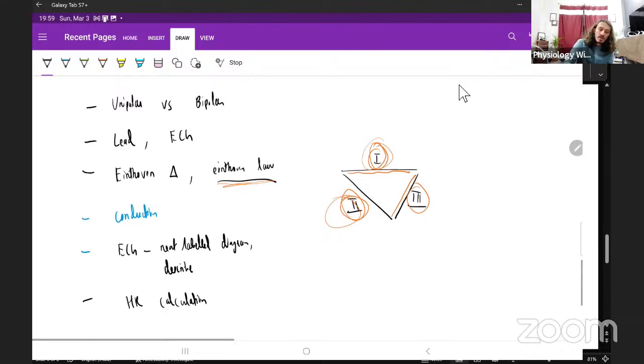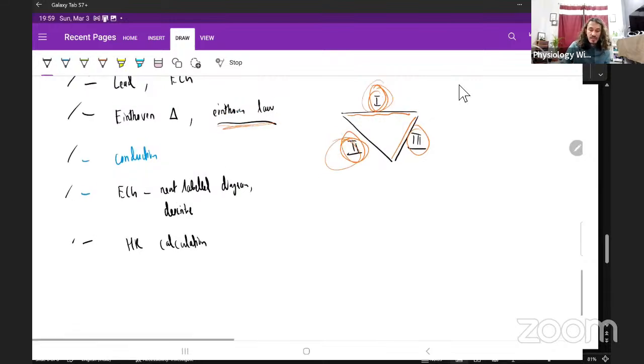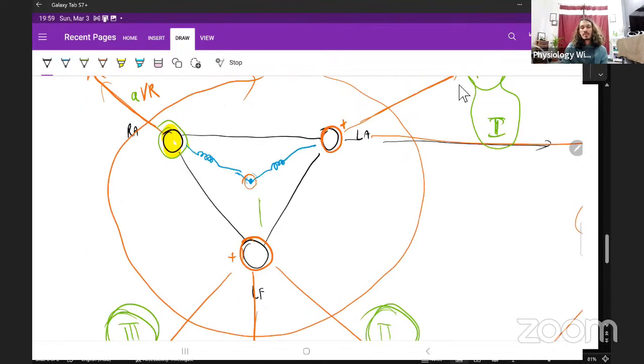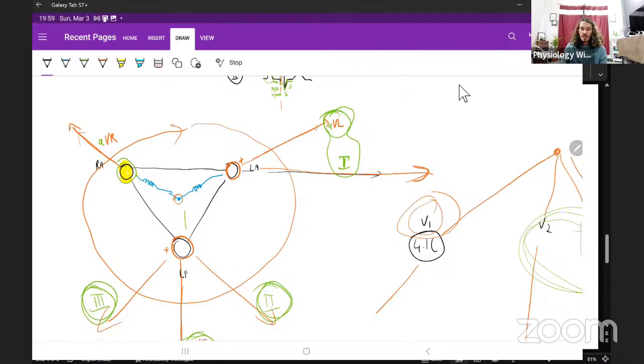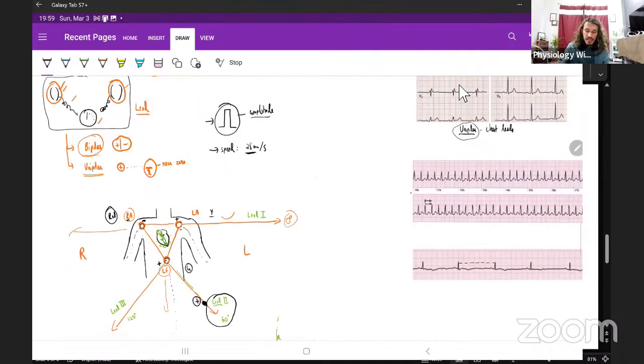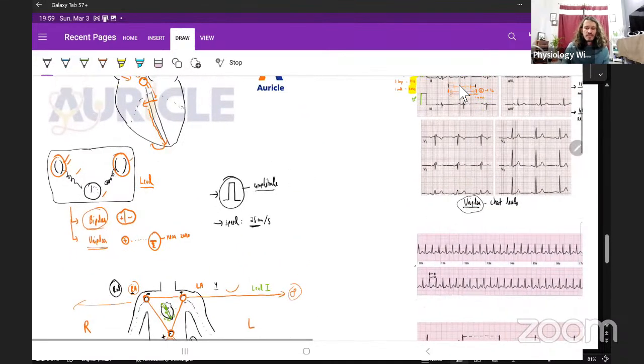Okay, so these are all various questions that can come for the exam from this topic. Okay, again, a diagram of these leads is also not that important, but it can also be asked. Okay, so that is it with regard to your basics of the ECG.